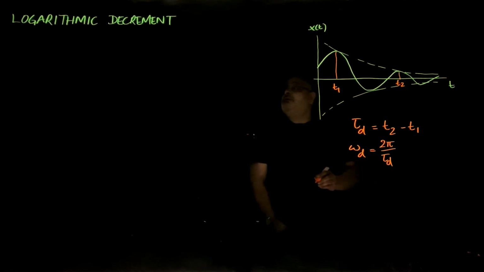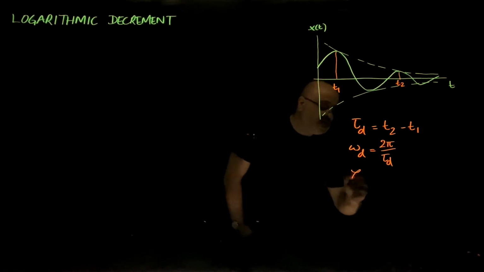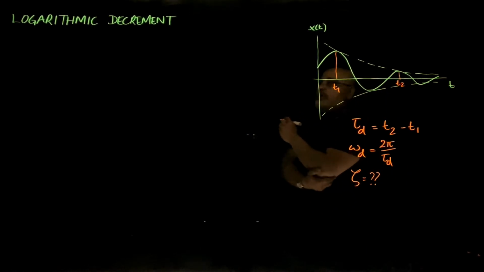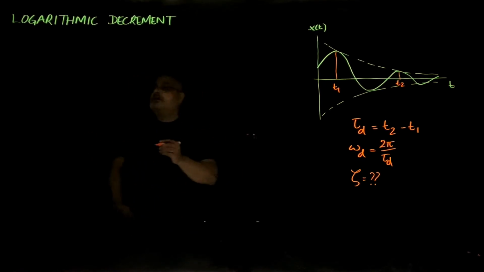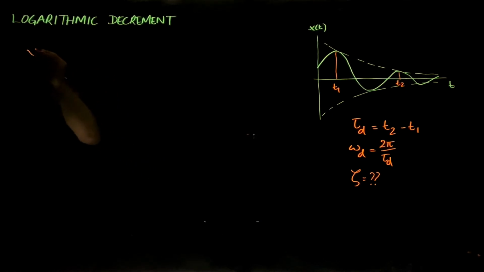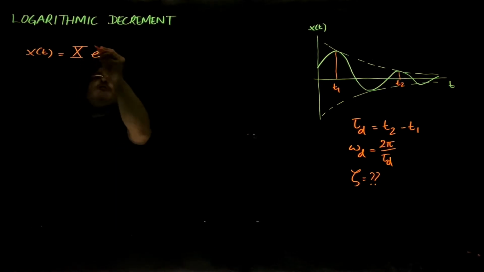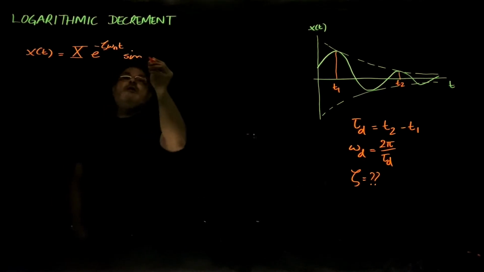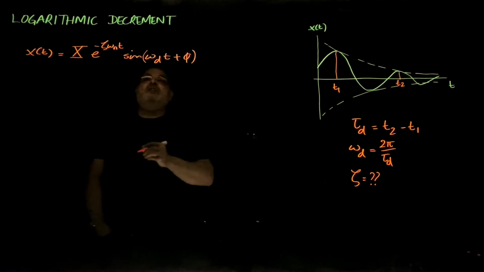The not straightforward part is finding the damping ratio. What is zeta? And this is an important parameter in damped systems. So, how can I do that? Let me first assume that the response x of t is some amplitude X e to the power negative zeta omega n t sine omega d t plus some phase angle phi.